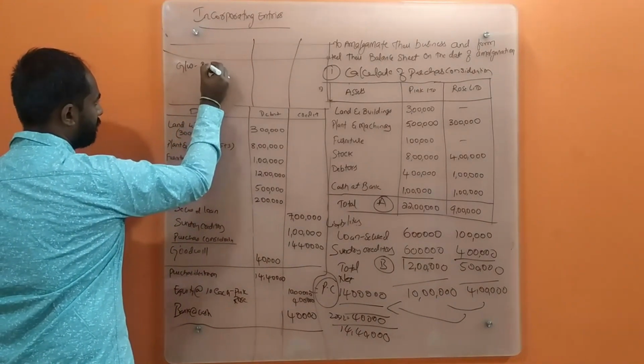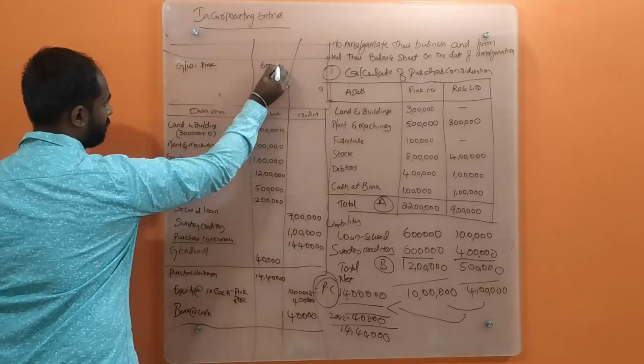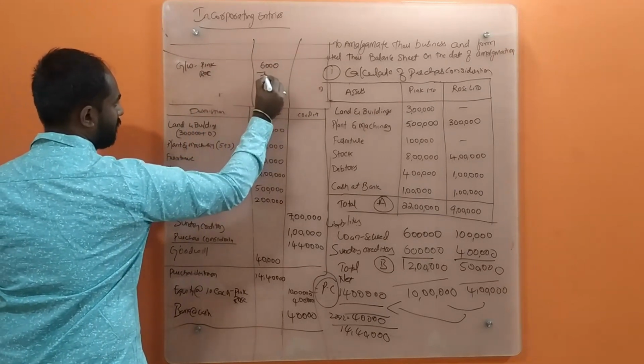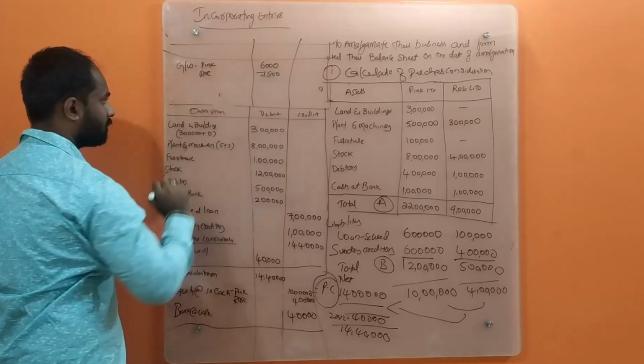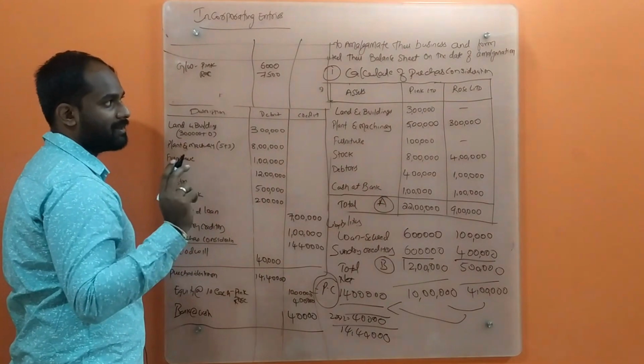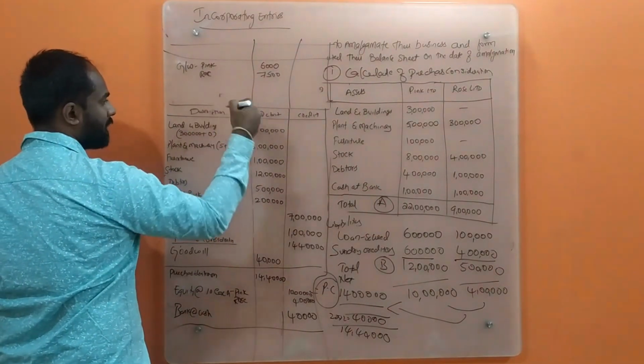Okay. Goodwill, Pink, you can take it as 6,000, Rose 7,500. This discharge is there. This is the expense that is incurred by Rose Pink Limited for the liquidation expenses. So now this has to be an expense, right?